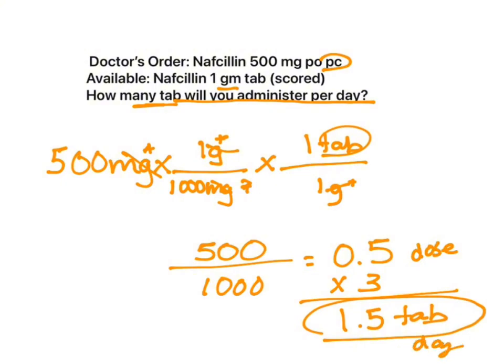So that's going to be your answer. So just make sure that you're always paying attention to whether it's asking per day or per dose. If the question said per dose, then it would just be left at half a tab per dose. But since it's asking per day, they're going to get 1.5 tabs per day.